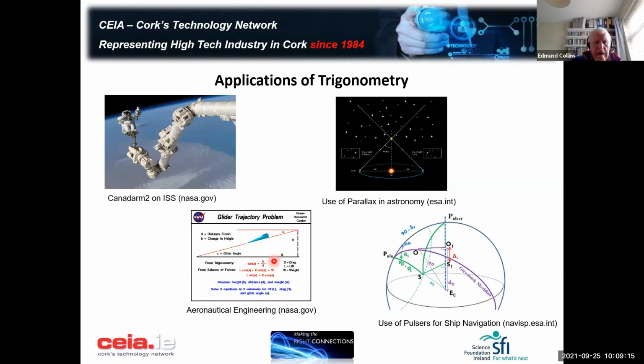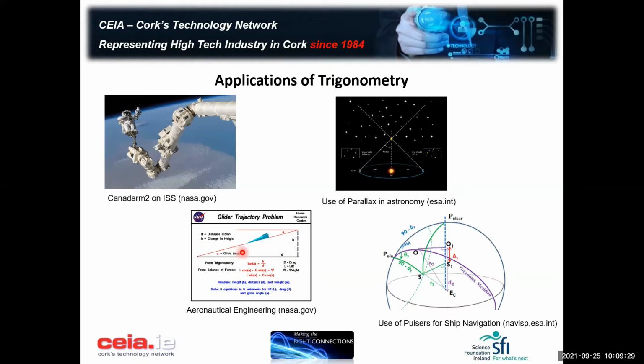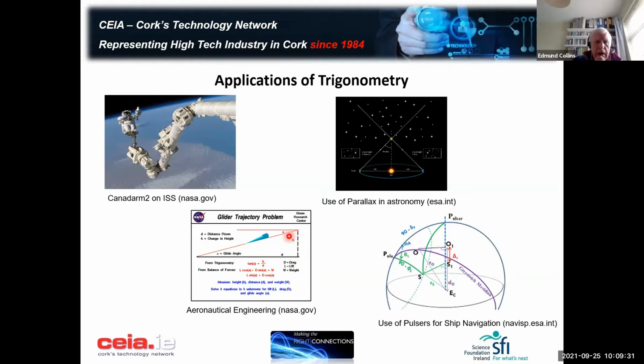This is a slide taken from NASA, and you see there I've given recognition to where all these photos came from on this slide. This is a glider trajectory. So this is the glide angle, as an aircraft is coming in to land, and so on. This is to do with the angle of approach, and this type of calculation is often done for space vehicle re-entry and so on.